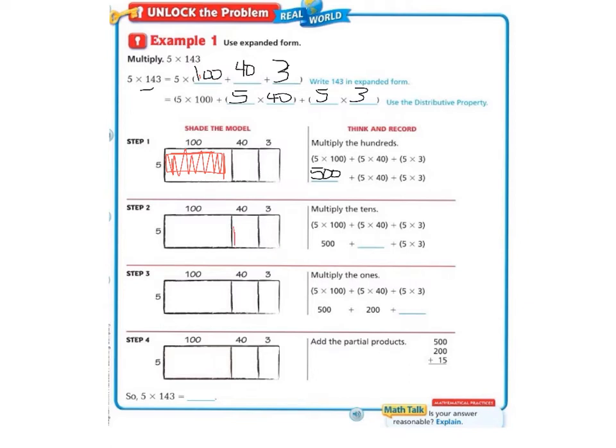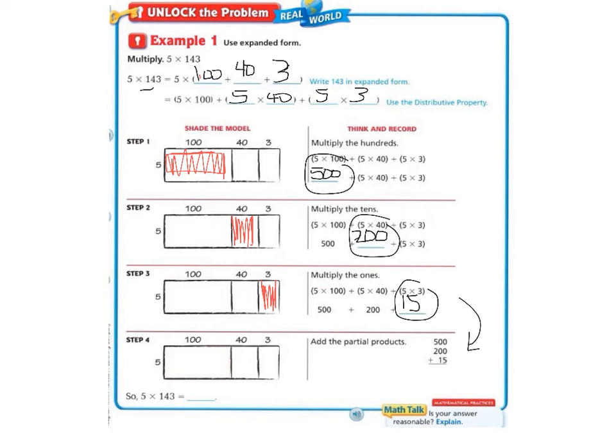Next, we're going to do the second number in our expanded form, 5 times 40. 5 times 4 is 20, and then we add our 0, so 5 times 40 is 200. And last, we add 5 times 3. 5 times 3 is 15. So altogether, we have 500, 200, and 15.